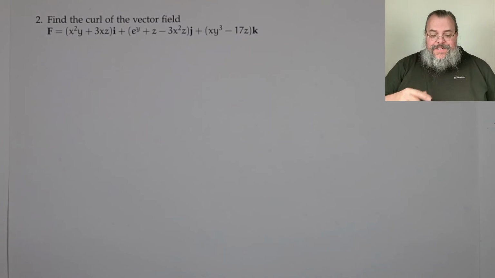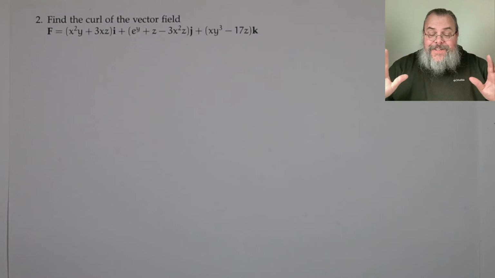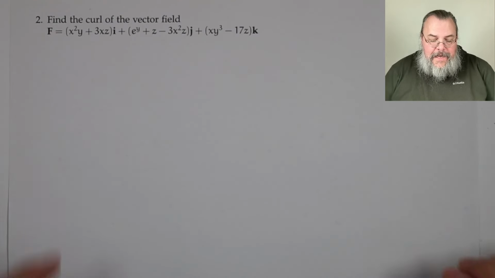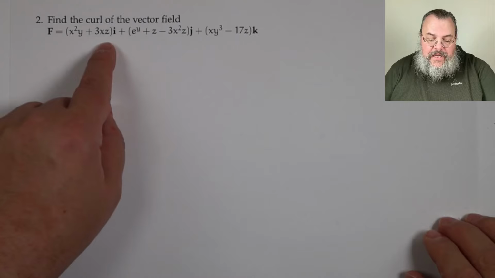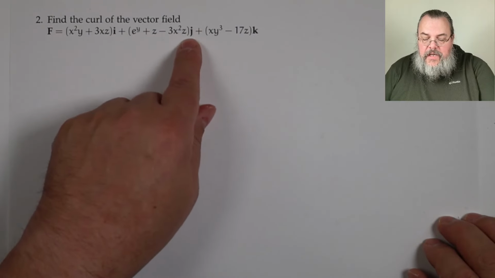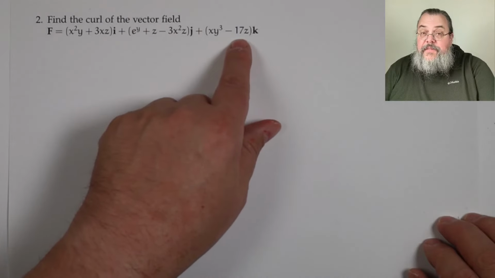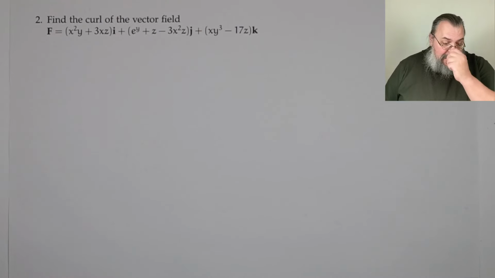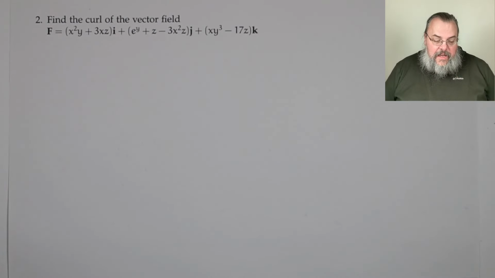Number 2. Find the curl of the vector field F equals x squared y plus 3xz i plus e to the y plus z minus 3x squared z j plus xy cubed minus 17z k. Okay, so that's great. Now, by the way, they might give you a vector in 2 different ways.